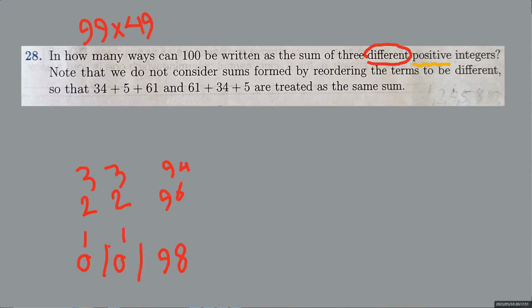And if you continue like this, you're going to have 49, 49, okay, and 1 over here. But there is still a little challenge left here.